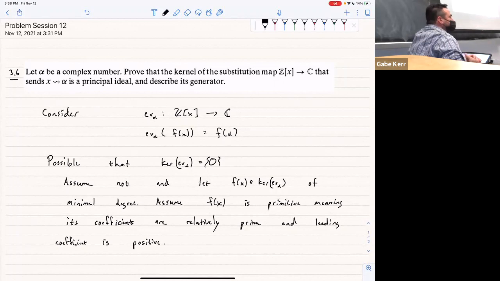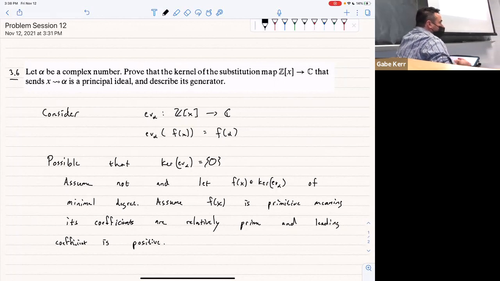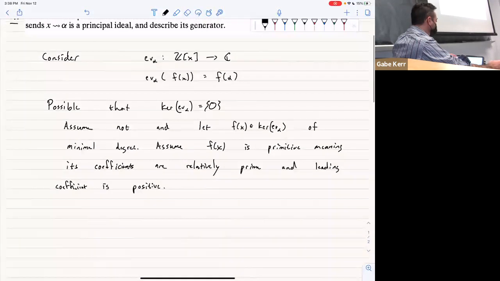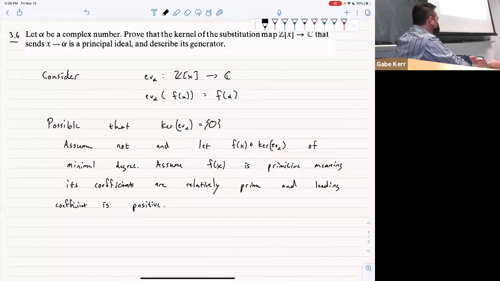I think primitive just means that its coefficients are relatively prime. What does it mean for f?